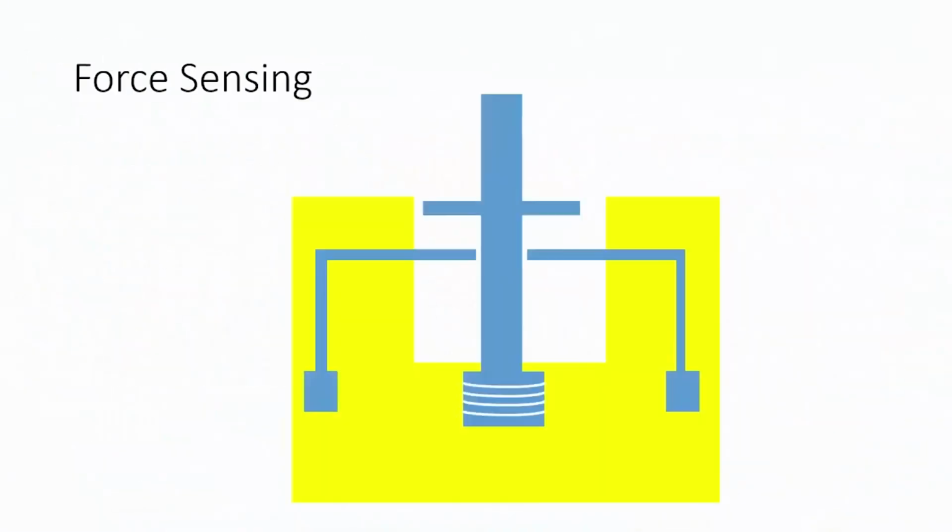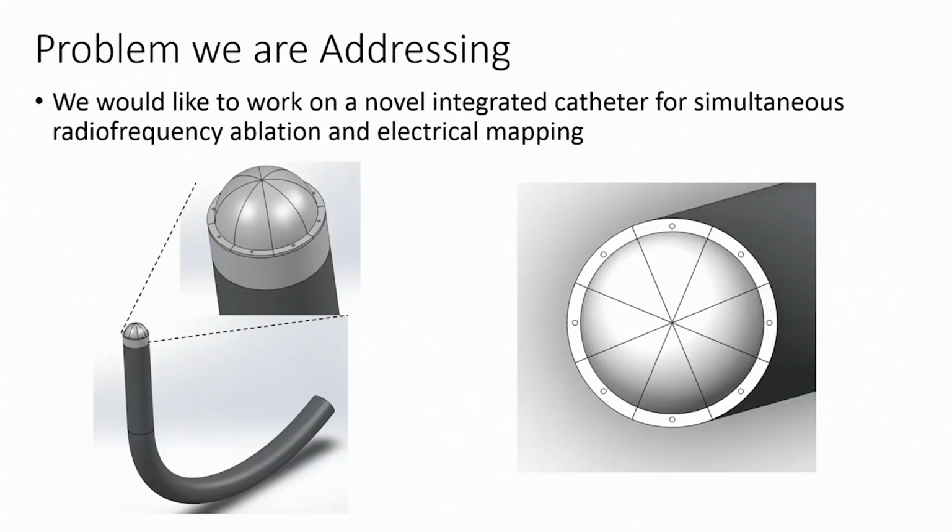Now, our idea is to design a catheter that can perform electrical mapping as well as ablation together. Yesterday we discussed a newer design where the tube will open and there is a catheter within it.